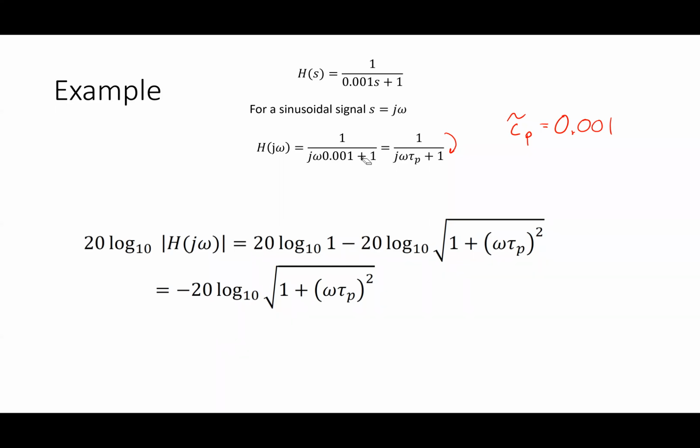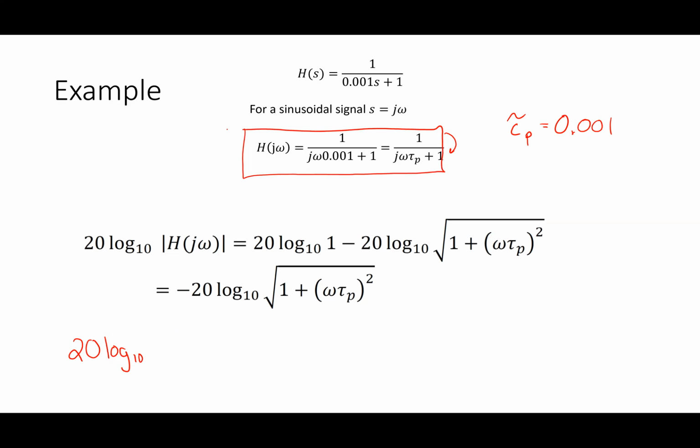So I take a look at that expression right there. I'll go through it slowly. Negative 10 log of 1 over the square root of, okay, let me make sure we follow this. Here's my H of j omega right here.